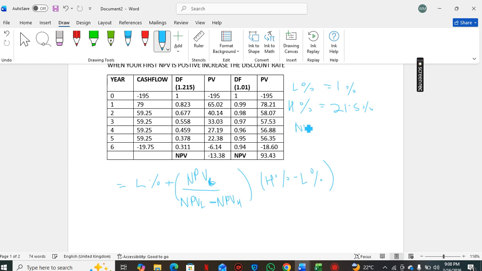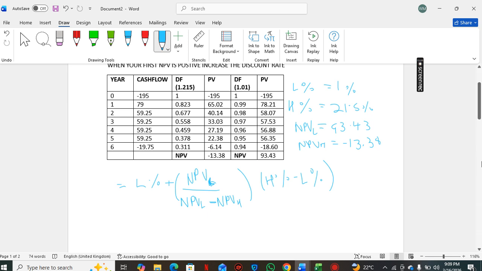NPVL, the net present value with the lower discount rate, is 93.43. And the net present value with the higher rate is negative 13.38. Just remember, in that formula, you're just dealing with 4 figures. The 2 discount rates and the 2 net present values.